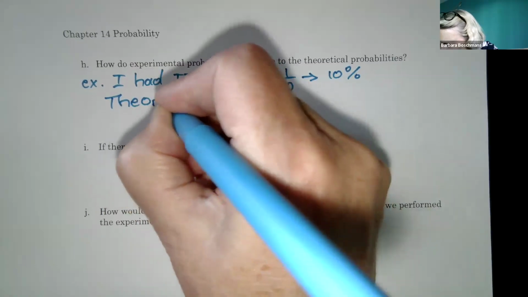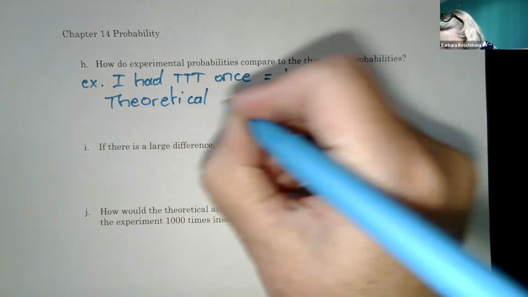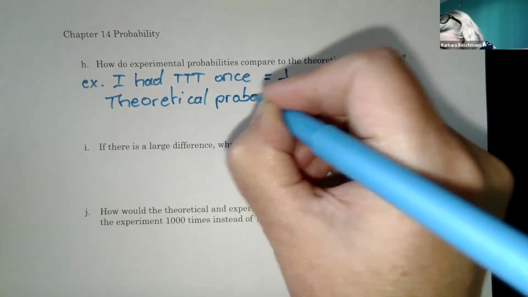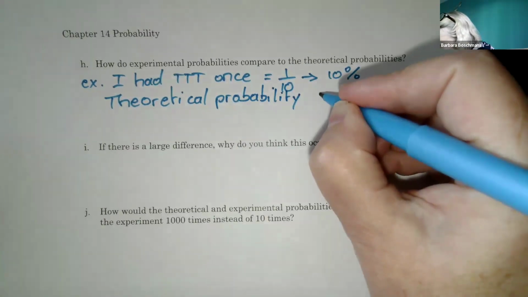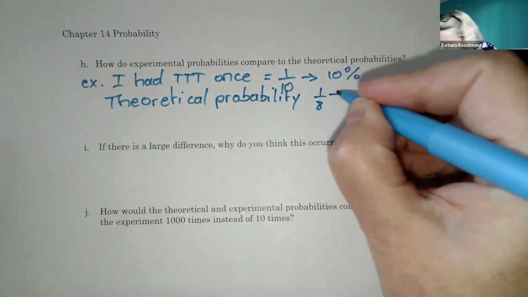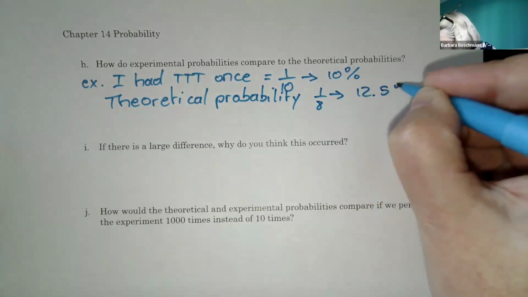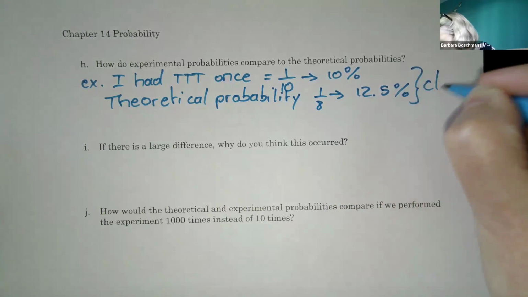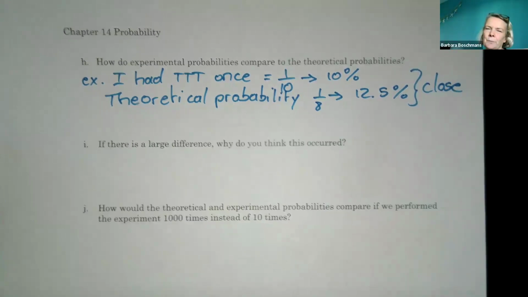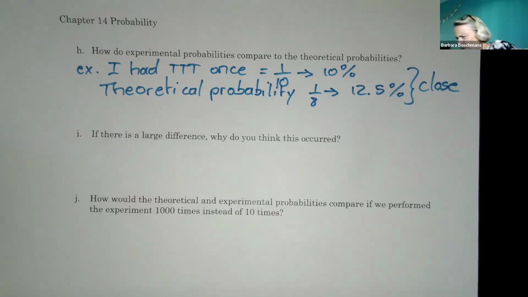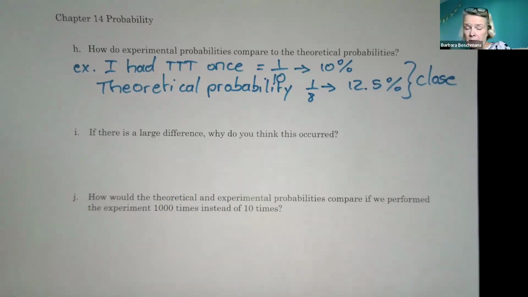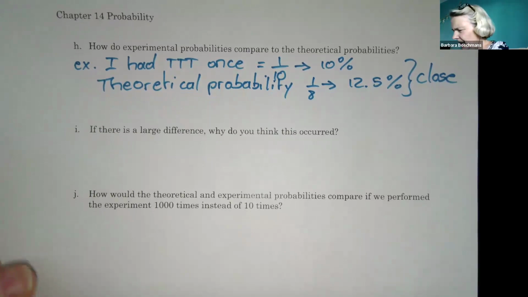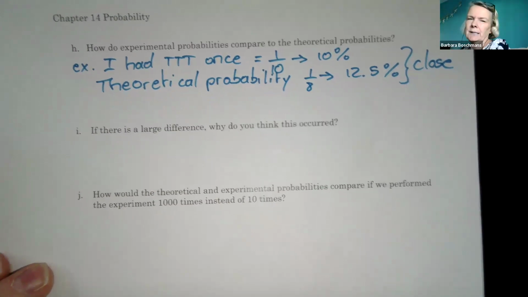Theoretically, the theoretical probability was 1 out of 8, which is 12.5%. So this is close. I would say if you're within a few percent, you're close. If there was a large difference, so for some of your probabilities, it could be pretty large difference. Why do you think this occurred?